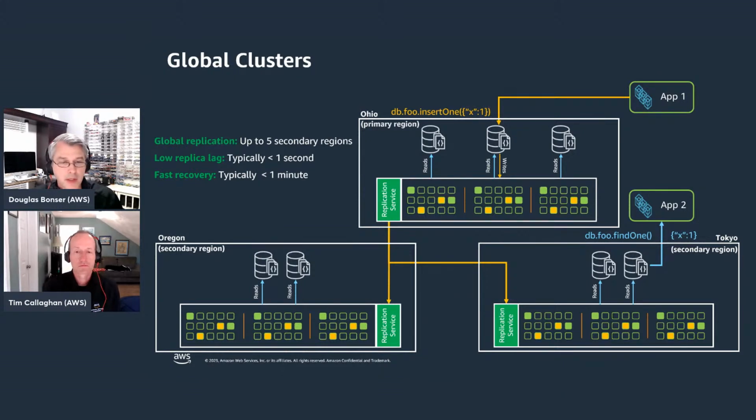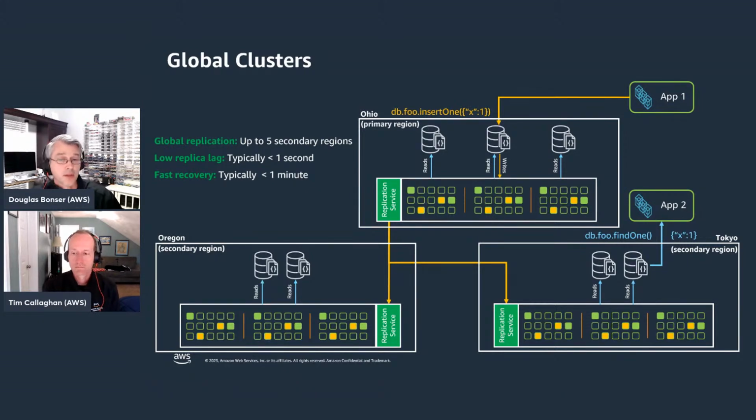You've got different requirements. The other thing, just to tie on to the read scaling on a prior slide, if you look at this, say for a local read use case, here you see app 2 can connect directly to Tokyo, right? Maybe the APAC customers can connect to that cluster for lower latency reads.